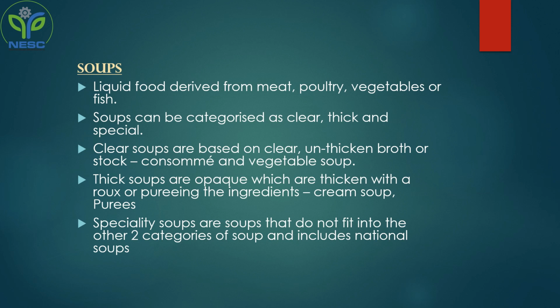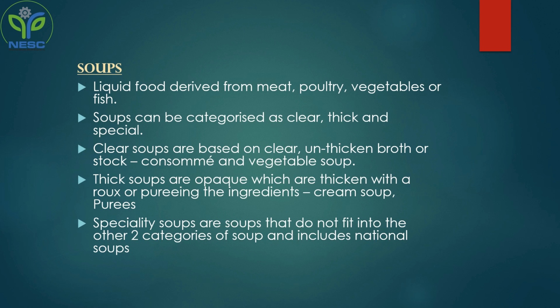Next, thick soup. Thick soups are opaque, which are thickened with a roux or pureeing the ingredients. Here opaque means it is not transparent, it can't be seen through. Right? These are thickened by the use of roux, that is butter and flour mixed together to thicken the sauce or the soup.